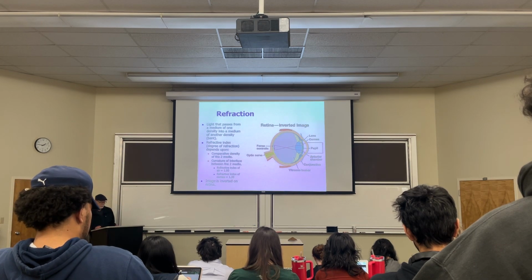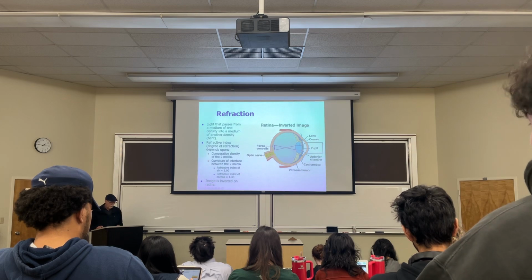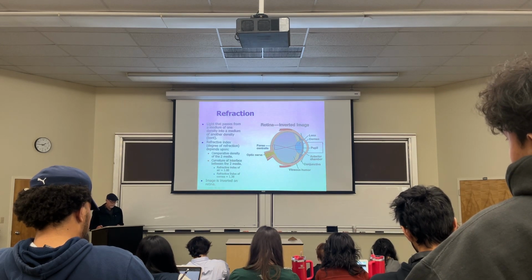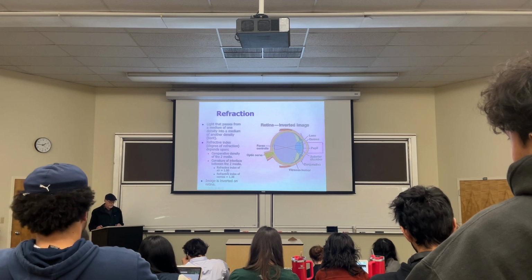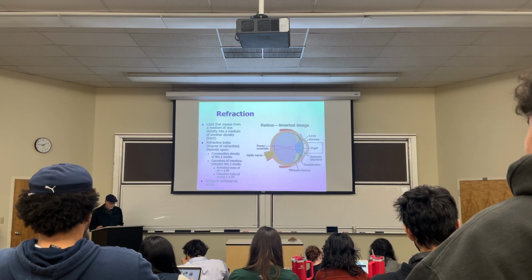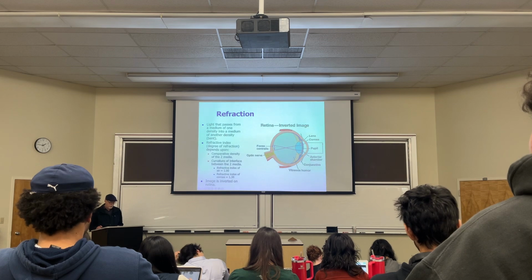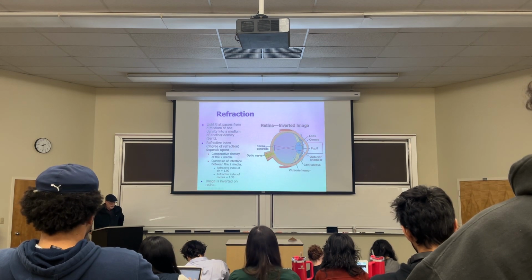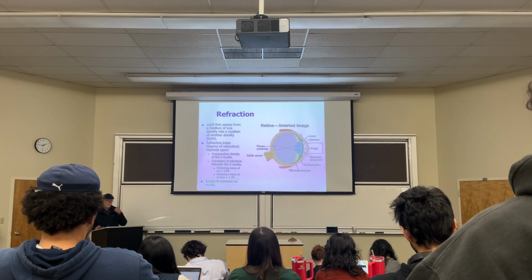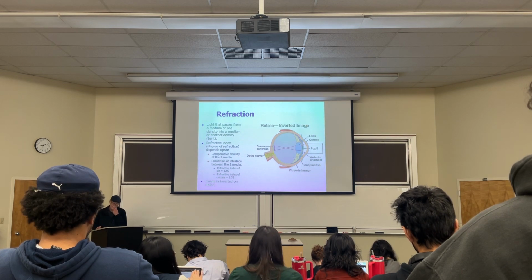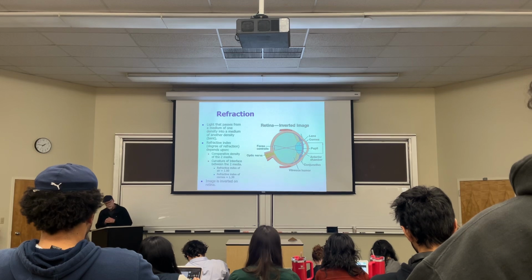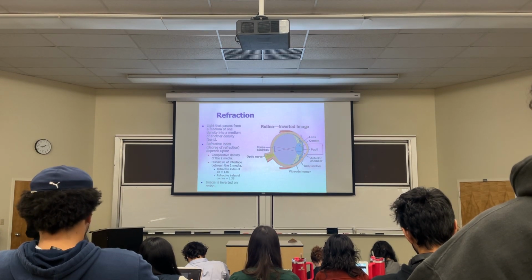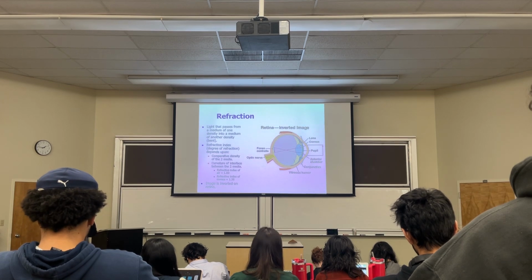Well, when we go from the air, which has a refractive index that we've arbitrarily set to 1, the refractive index of the cornea is 1.38. So that change in the index of refraction causes the light waves to bend. Now there are really 4 parts of the eye that refract the light.